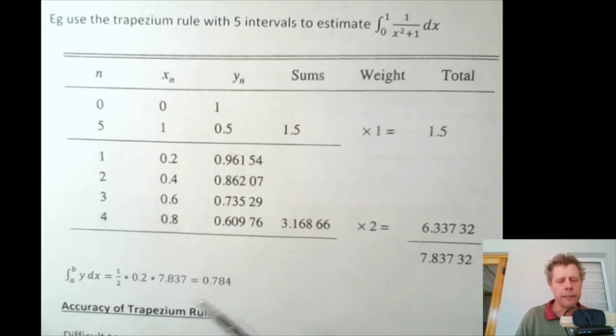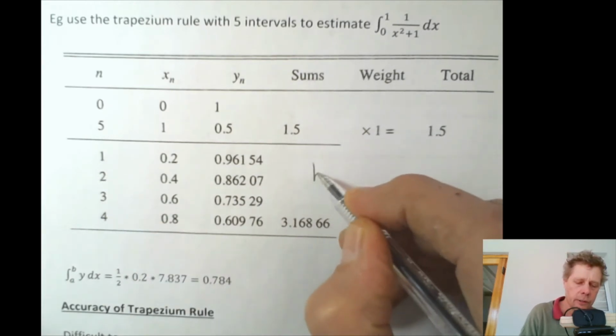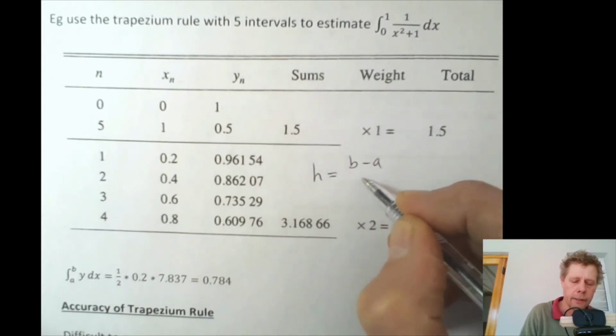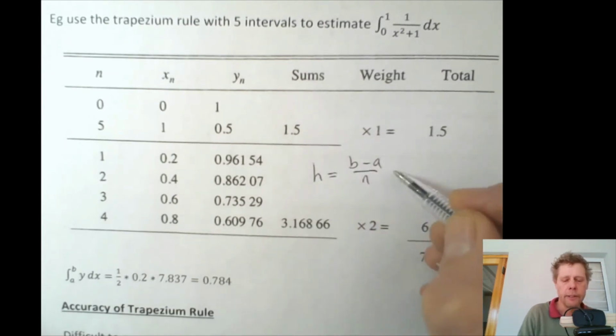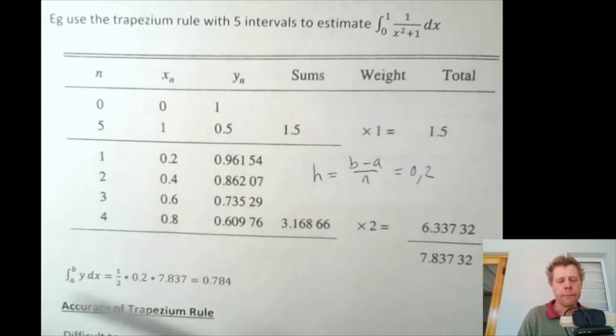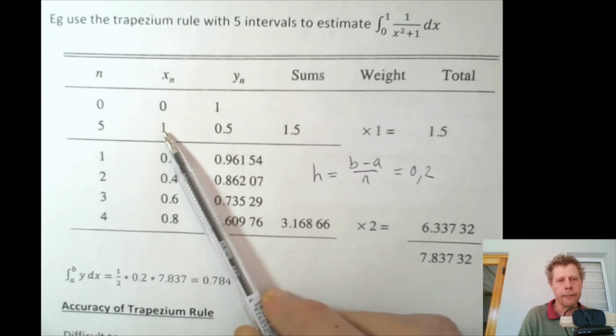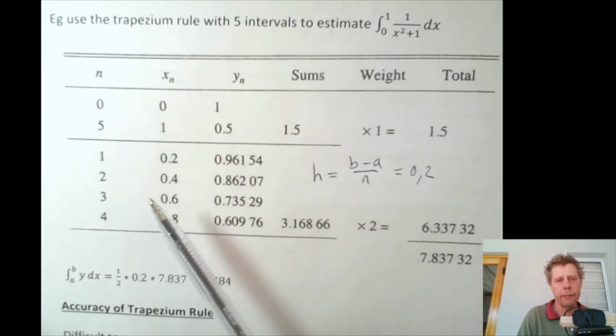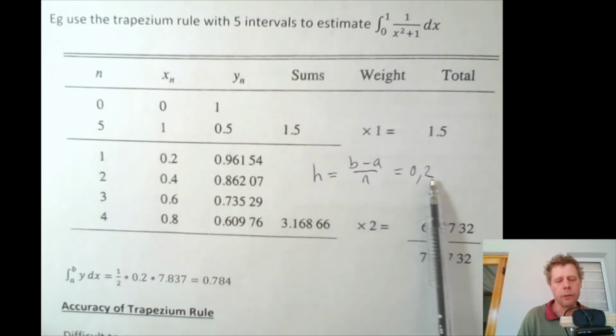We can say that h equals b minus a over n. That's equal to 0.2. Here's our b, the final value of x, and that's our a; we subtract the two and we divide by the number of intervals. That gives us the 0.2.